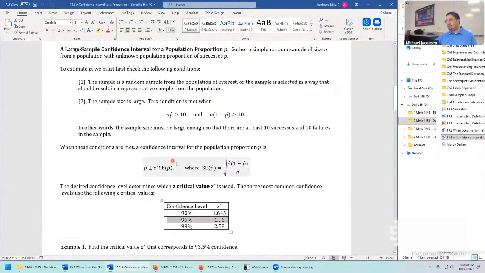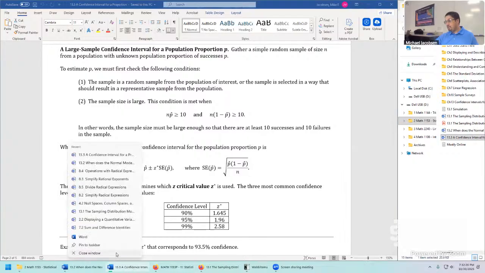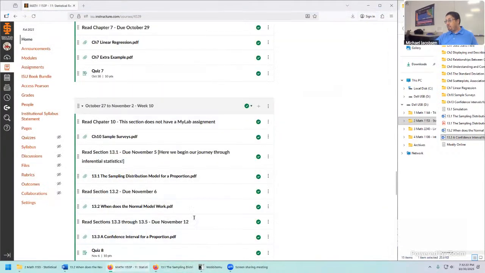But there's also a lot of discussion in what are the conditions to ensure it works as well. And that's what 13.2 is all about. So we'll come back to this formula once we're in section 13.3 specifically. And for now, we're going to talk about the conditions of that particular confidence interval procedure in 13.2.